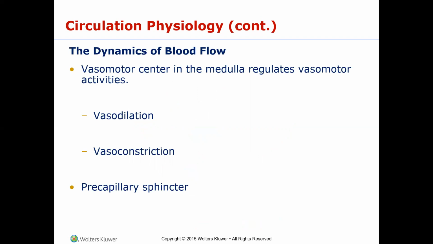What's going to direct some of that circulation is the medulla oblongata, and it will determine the dilation of the blood vessels as well as the constriction of those blood vessels.